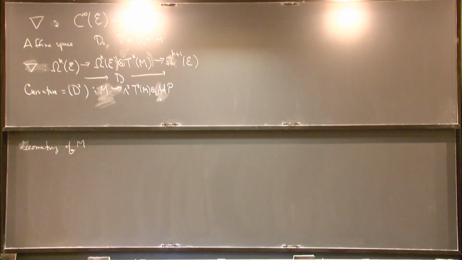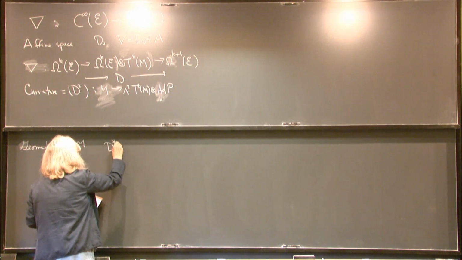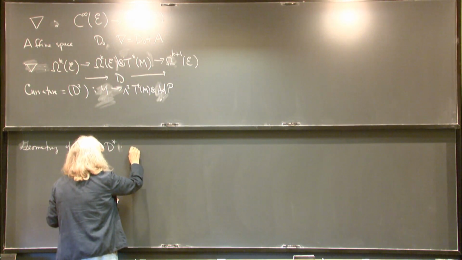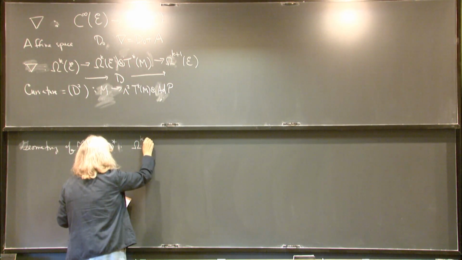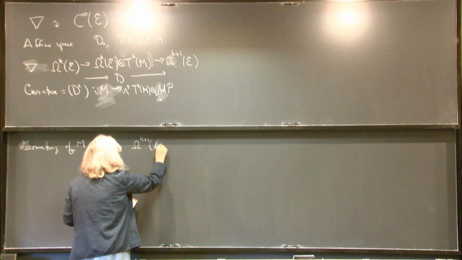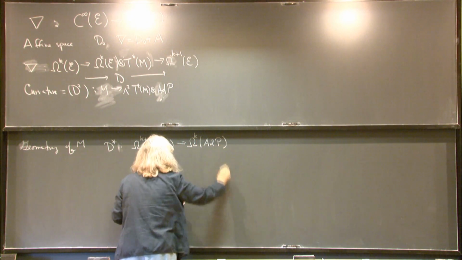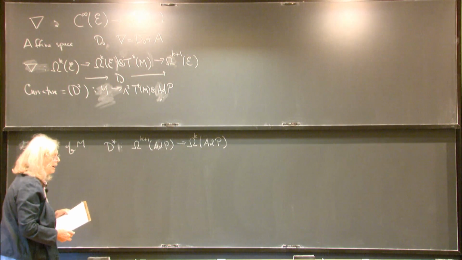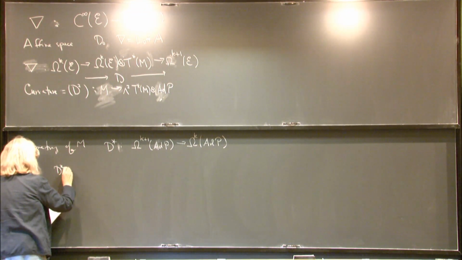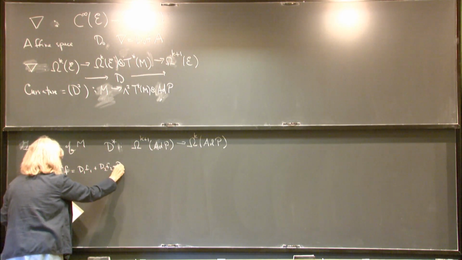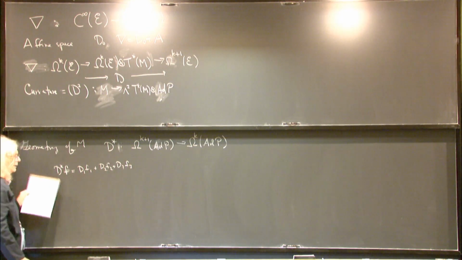And of course, the place where the geometry of M enters is where we want to take the adjoint of D. D star is now going to be a map which takes omega k plus 1 of E, ad P, to omega k of ad P. And so it's just the dual, it's minus the dual, because I'm a mathematician, and my D star of F is actually D1 F1 plus D2 F2 plus D3 F3, and so forth. So it's not minus, which is the formal adjoint, okay?